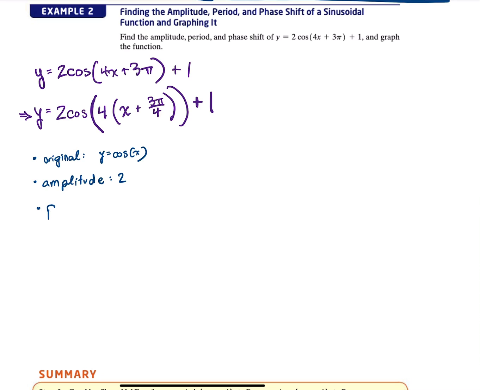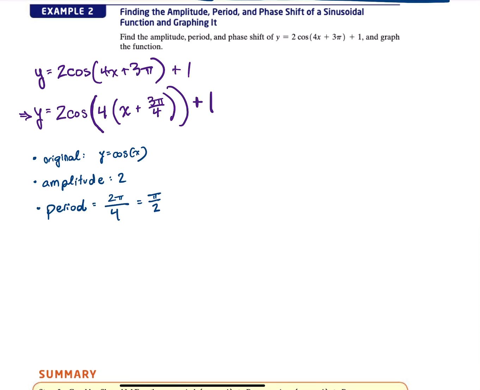The period will be the base period of the cosine, which is 2 pi, divided by the number that appears out in front here. So 2 pi divided by 4 will reduce to pi over 2. So the wave is happening 4 times as fast as the original cosine wave.